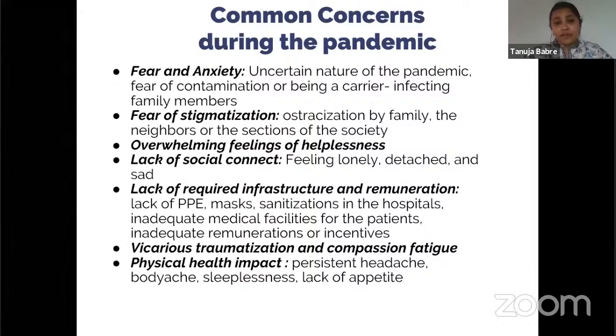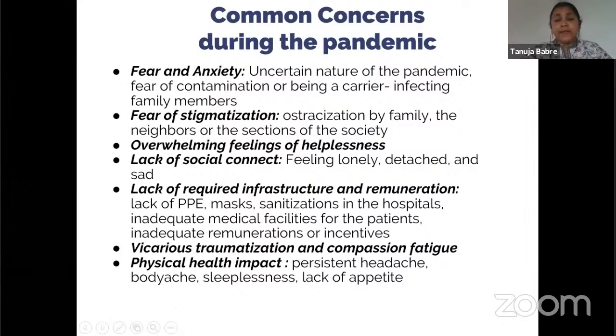Of course, there is a lot of disconnect in terms of how infrastructure is available, or even remuneration for that matter. We work very closely with different departments in Maharashtra and other parts of the country. It's not that healthcare professionals have not wanted to work or be there, but at the same time the lack of gear, masks, sanitation facilities in hospitals, or adequate medical facilities, even for field staff who are doing the contact tracing, has been a great point of distress.